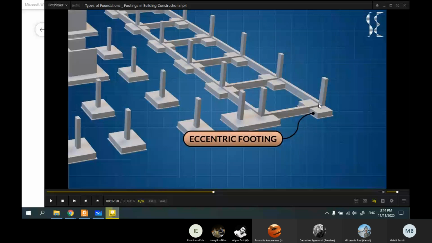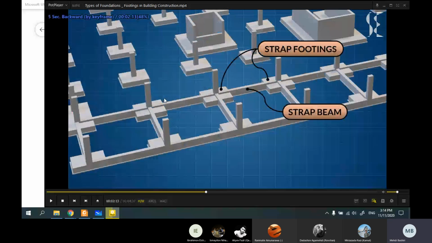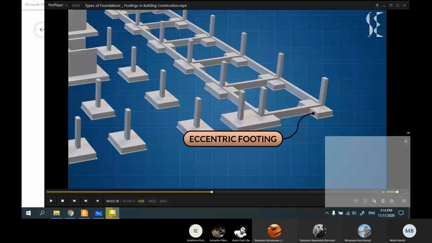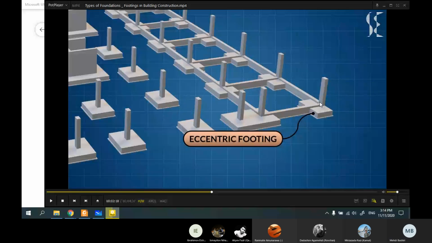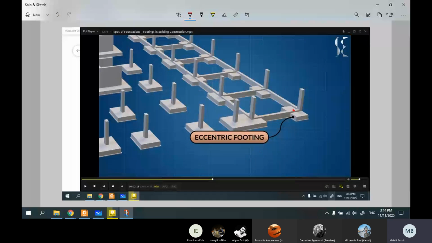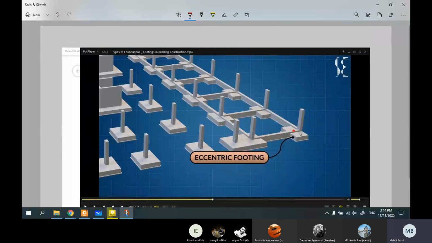In this case, the column is in the center, so no eccentricity. But in this case, as I said, because of the neighbor's property, the column is not in the center. And in this case, this is your center, and this is your eccentricity, ex, for example.